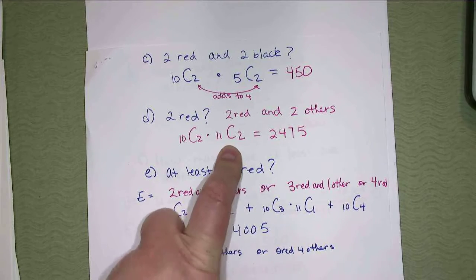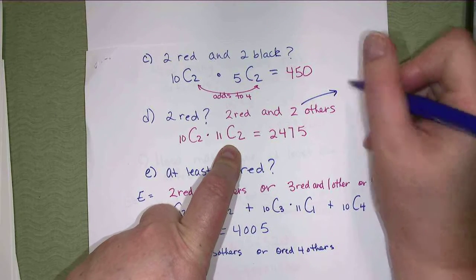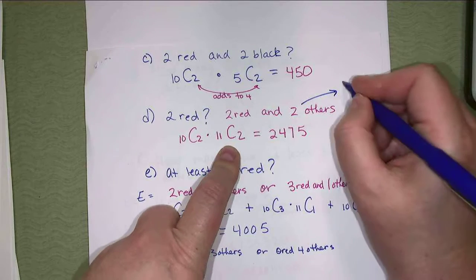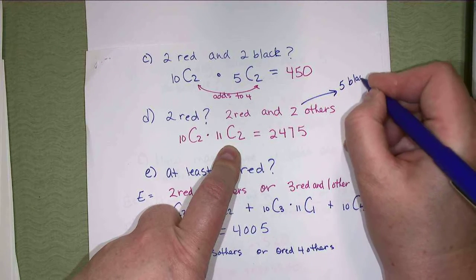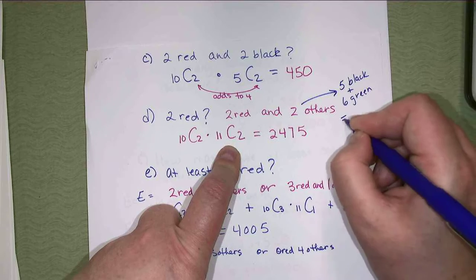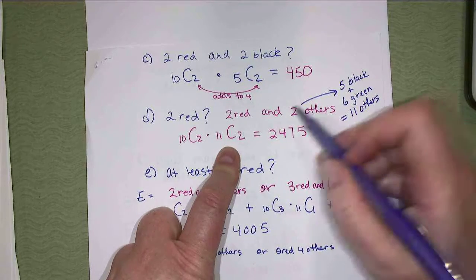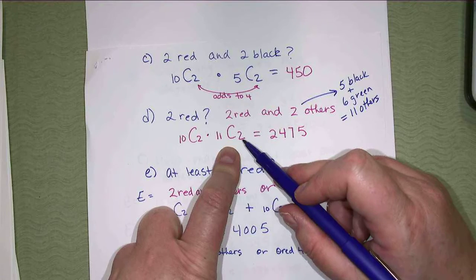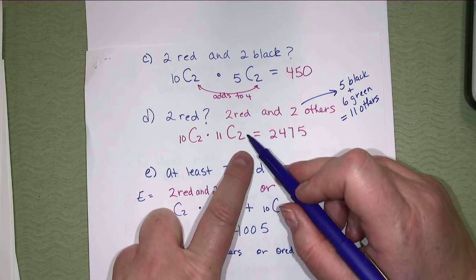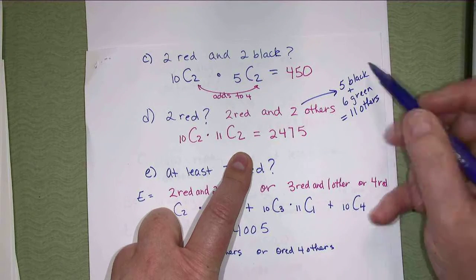The others are 5 black and 6 green. There's 11 others. So out of the 11 others, pick 2. So the red's not included here. So we've got 2 red and then 2 of something else. They could be 2 black, 2 green, or 1 of each.